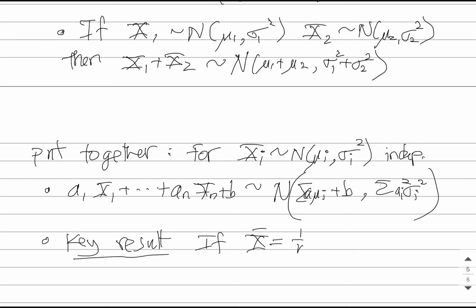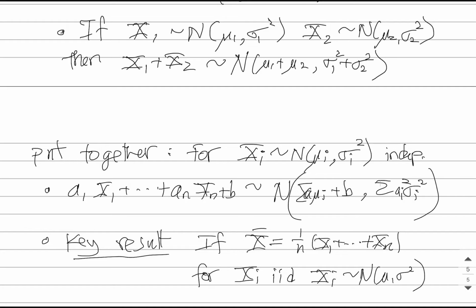and you define the average as the sum of all of these normal variables for x_i being iid and normally distributed like this.